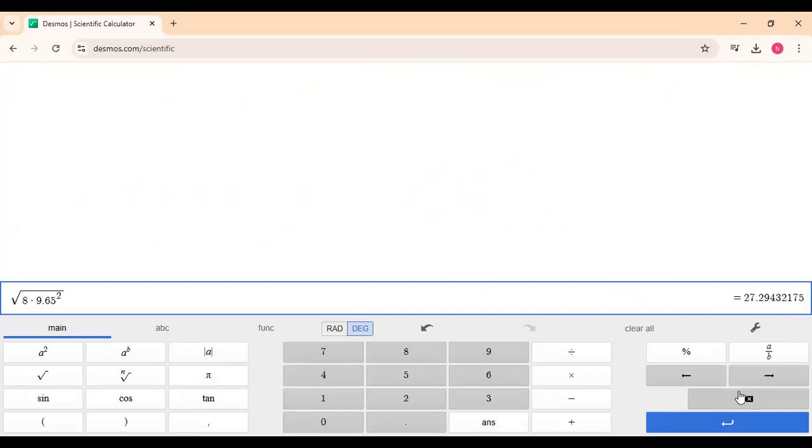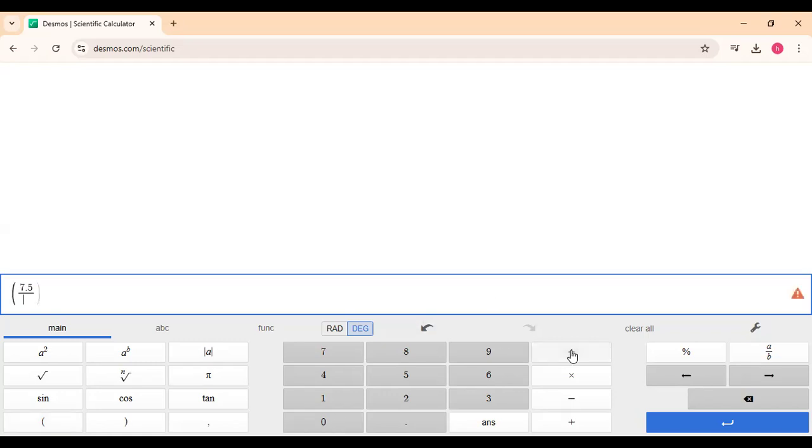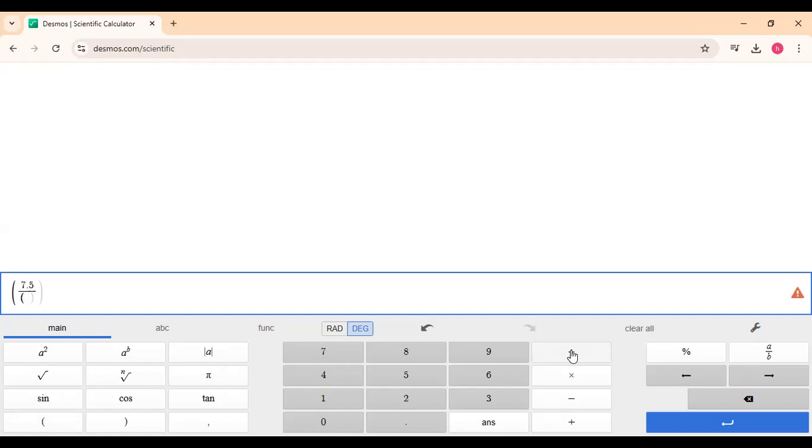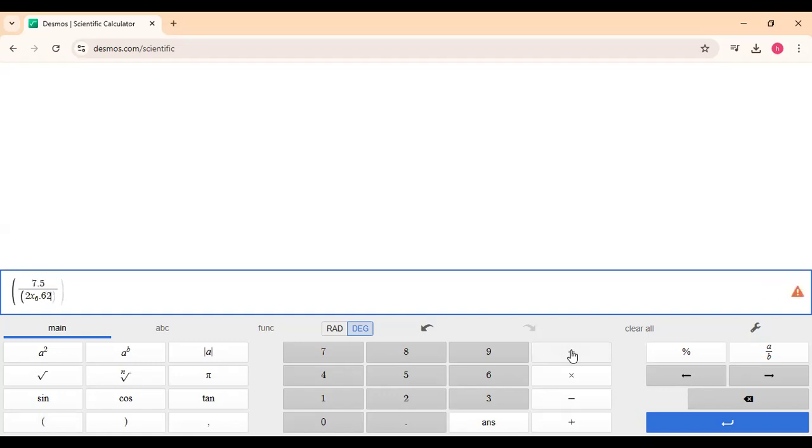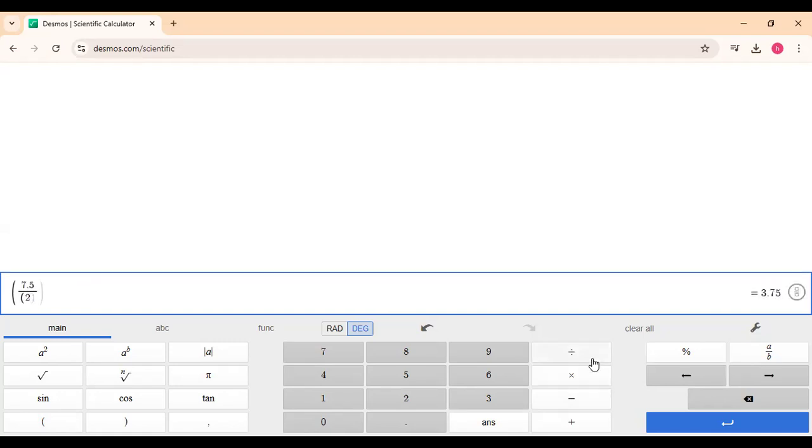I'll introduce the brackets for better understanding. 7.5 divided by, one more bracket is required here, 2 times 6.625 minus, what was the question?